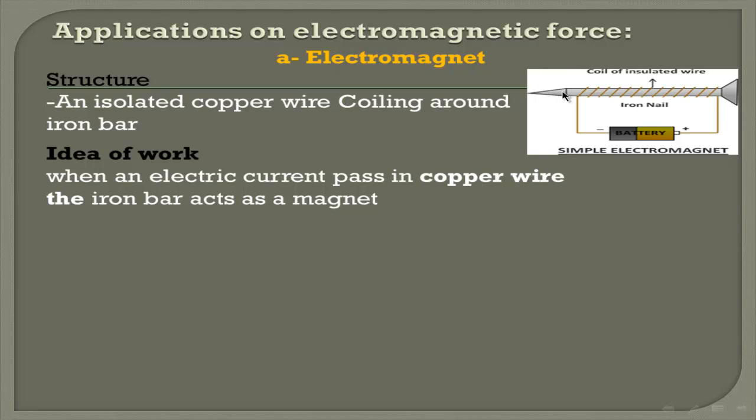It is called temporary because when we cut the electricity, it returns again to being just iron. Again, when the electric current passes through the copper wire, the iron nail becomes a temporary magnet. Temporary, why? Because it loses its magnetism when we cut the electric current.